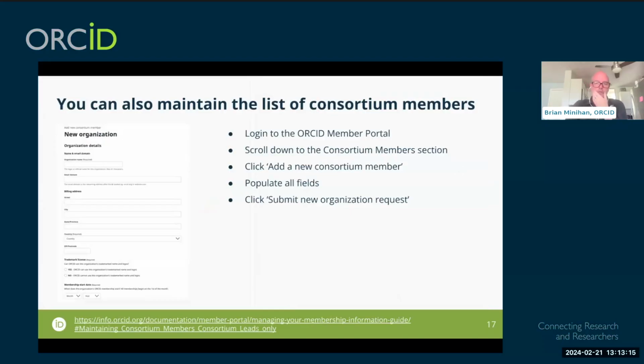Again, this is very consortium specific. So you as a consortia lead, if you are, this is how you might view the details of your consortium members. And you can also add an update request this way.